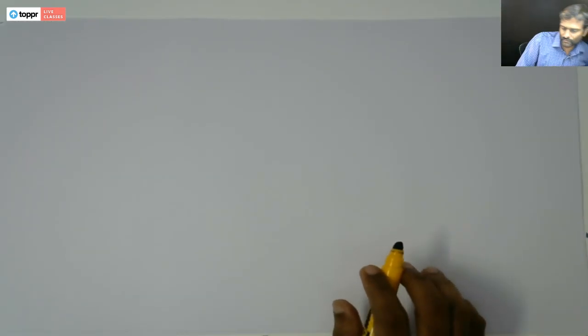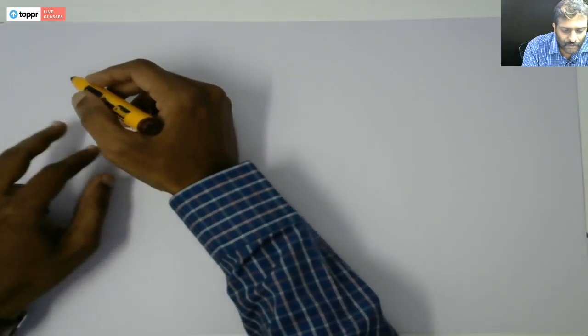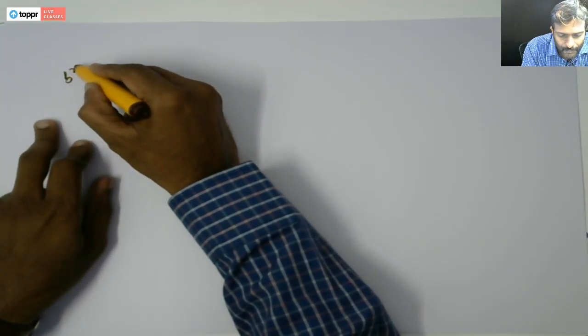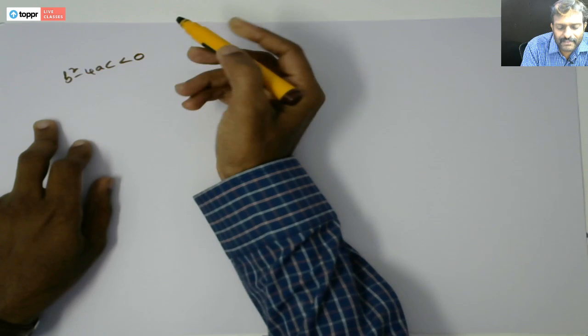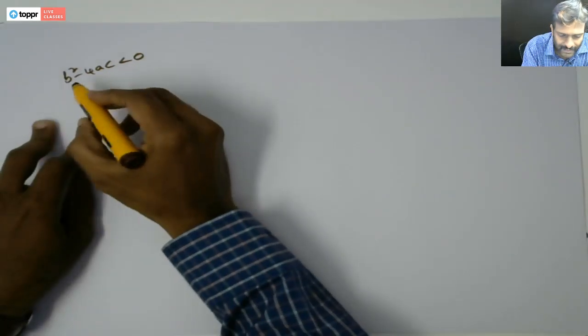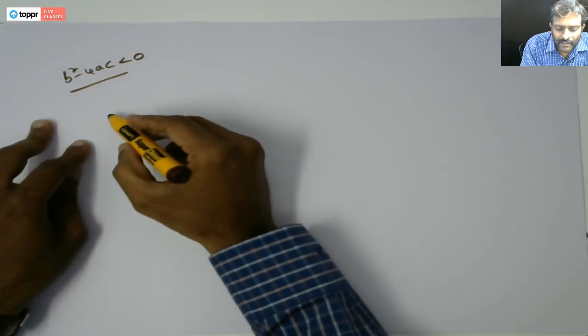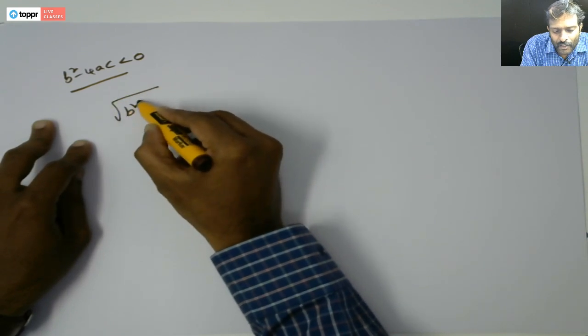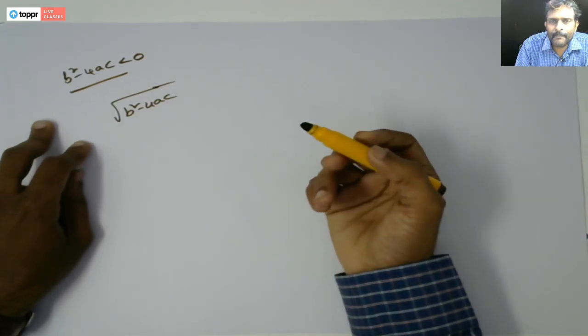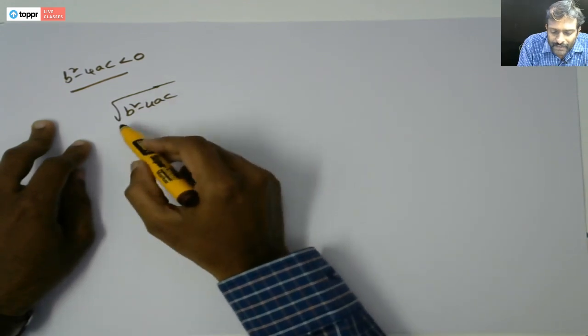Right, now the final case is b square minus 4ac less than 0. So if b square minus 4ac is a negative number, then can I find the value of the square root of b square minus 4ac? No, right? So there is no real root.